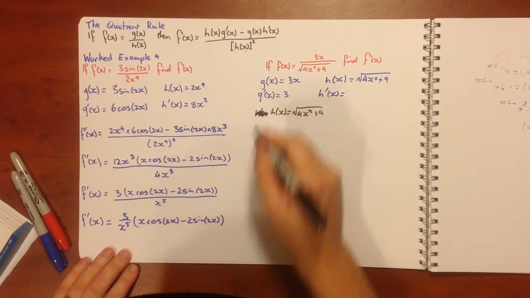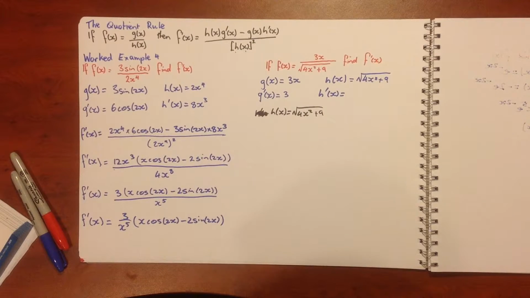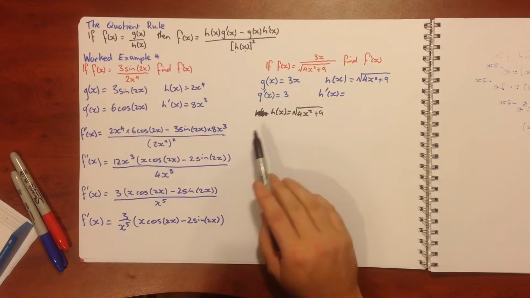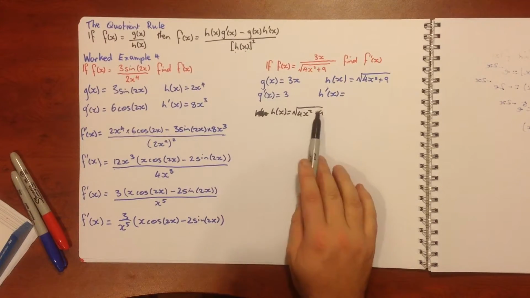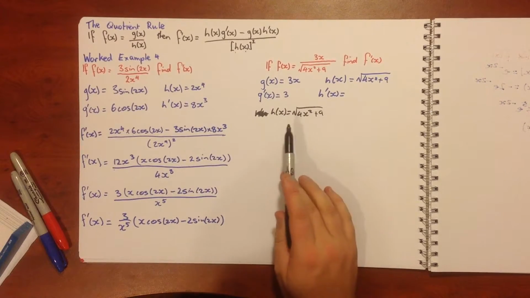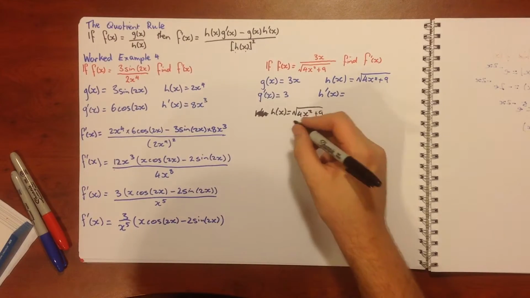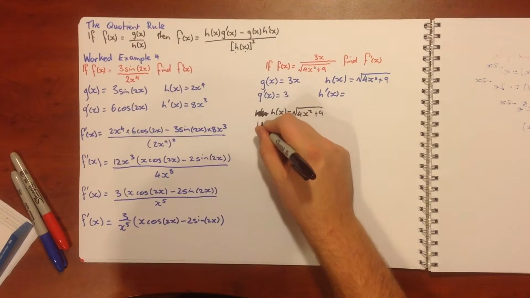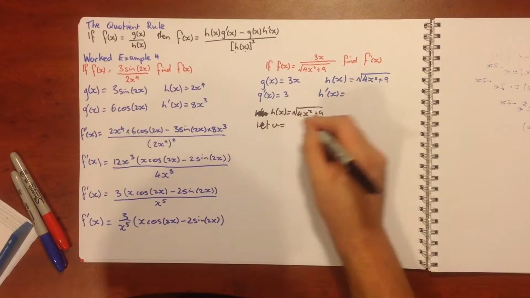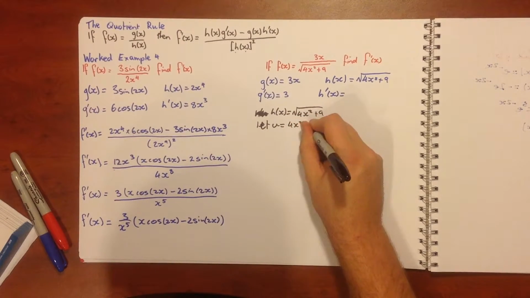With this, in the past we were doing it where we actually had our g of x and h of x, but now this is h of x. So you could pick other letters, or I'm going to go back to the other way of doing the chain rule and say let u equal 4x squared plus 9.